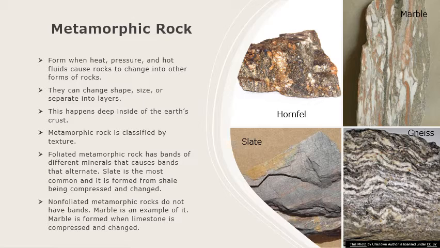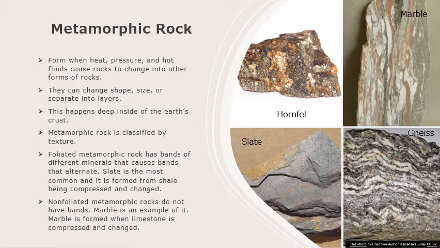And metamorphic rock can change shape, size, or separate into layers. This happens deep inside the Earth's crust. So this is not happening on the Earth's crust. This is deep, down below what we can see.